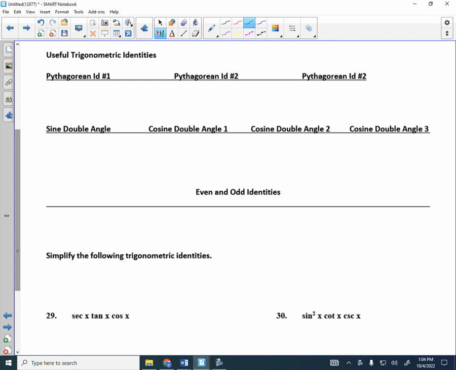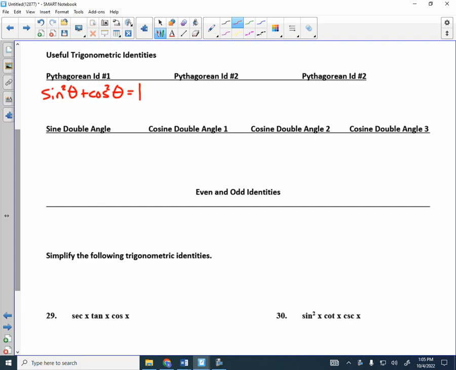Okay. So another thing that is going to be very important to your ability to move forward in this class is to remember some of your trig identities. The first trig identity is the most important one: sine squared of theta plus cosine squared of theta is equal to 1. Please don't ever forget that. That's an absolute must.